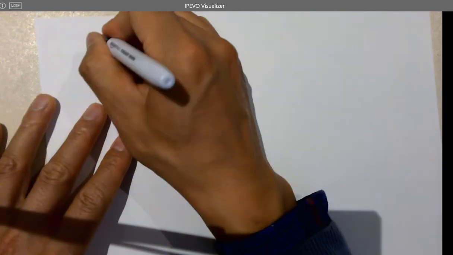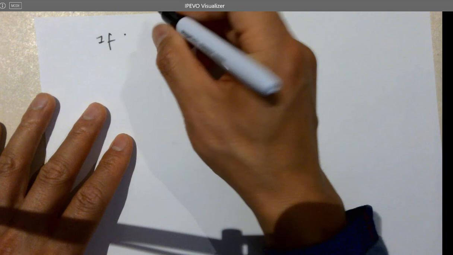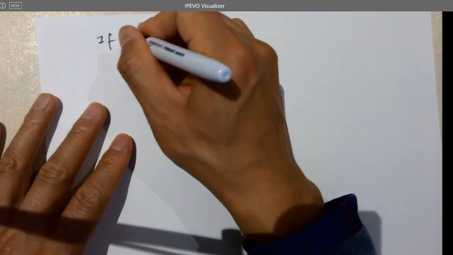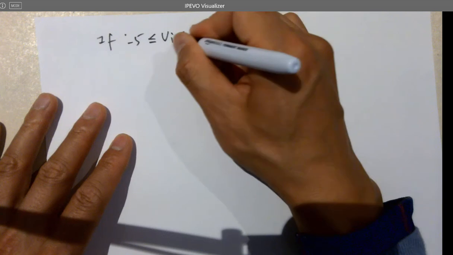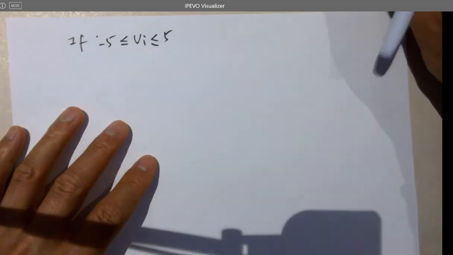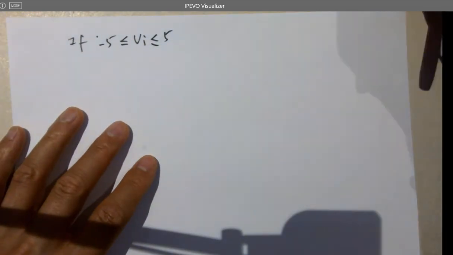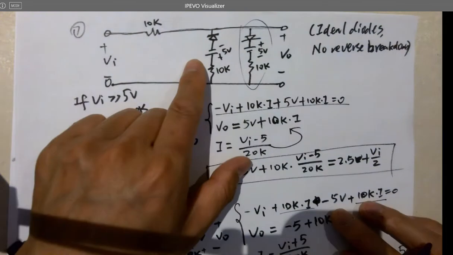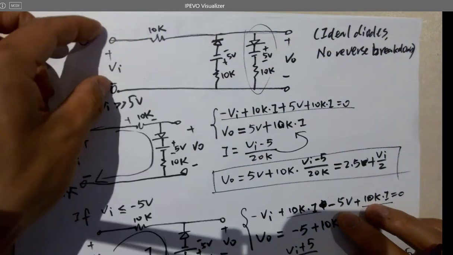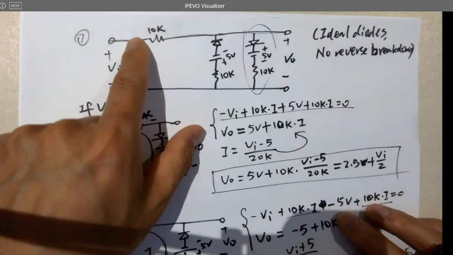There's one last condition, which is if VI is larger than negative 5 volts and smaller than 5 volts, there's no current flowing through the circuit. Nothing is going to flow anywhere. So VO will be exactly VI because there's no current.